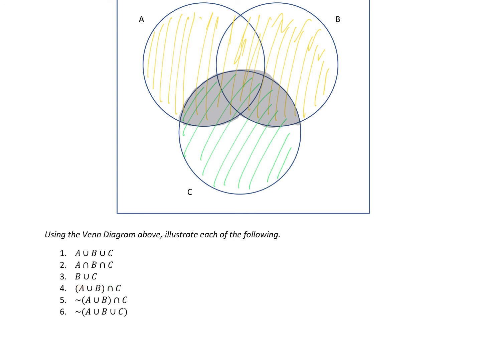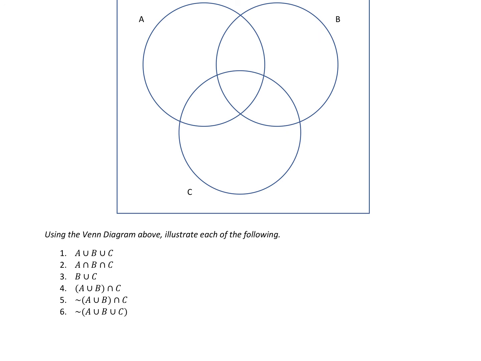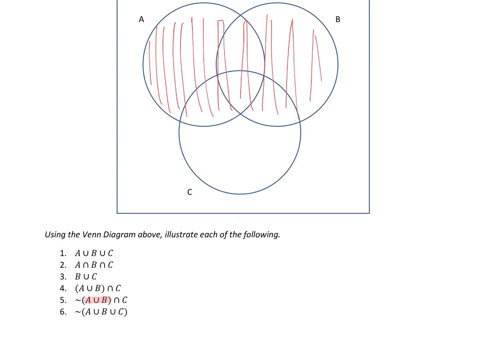All right, now let's look at number 5. So number 5, we're going to work within the parentheses first again. So first I will look at A union B. Well, I just had that done in yellow. I wish I would have not erased that, but that's okay. A union B is everything that I just colored in red, right?